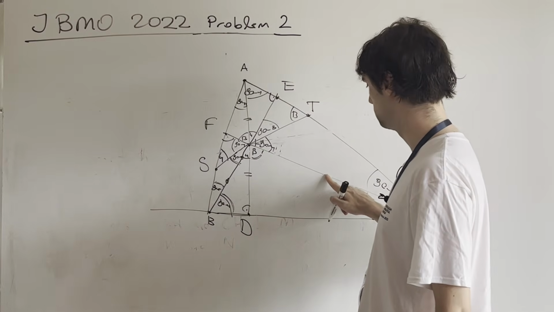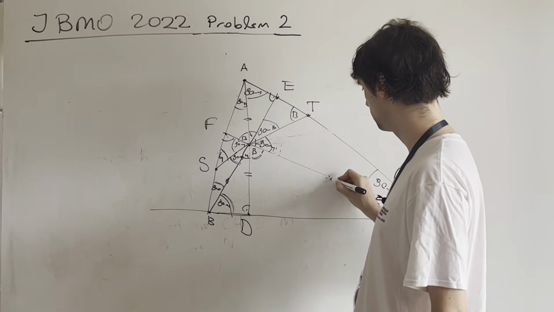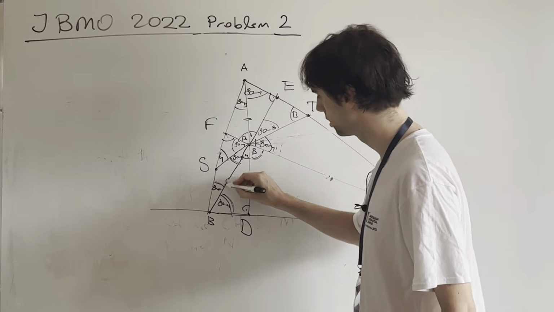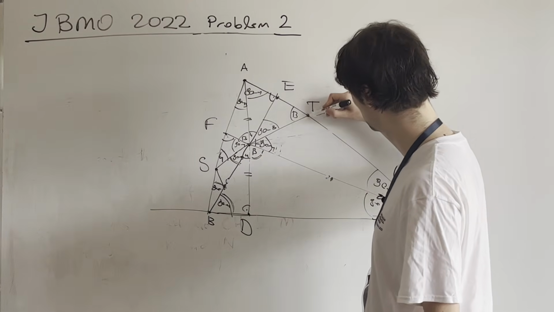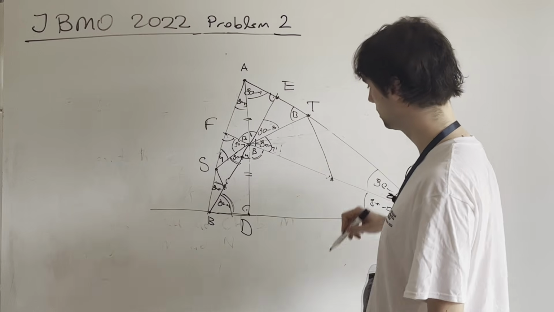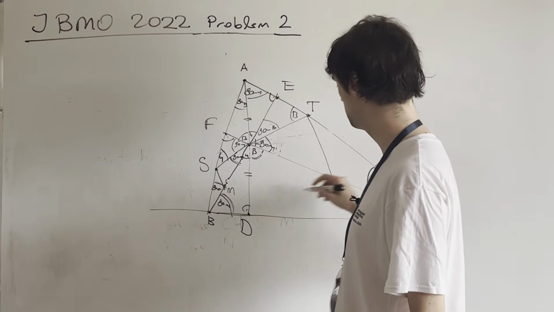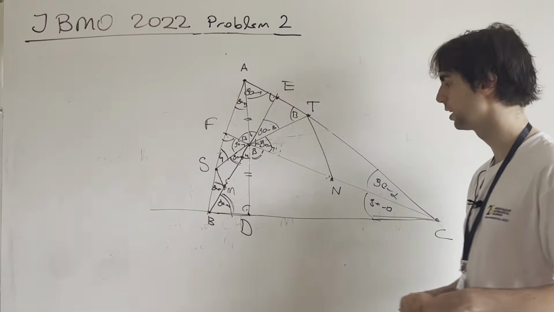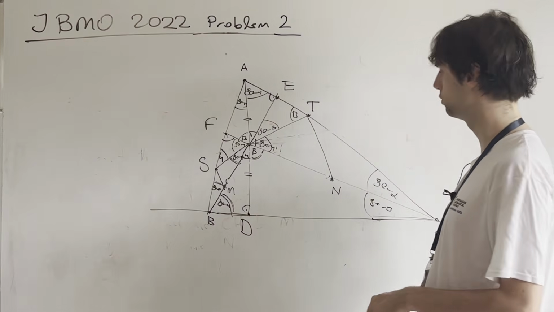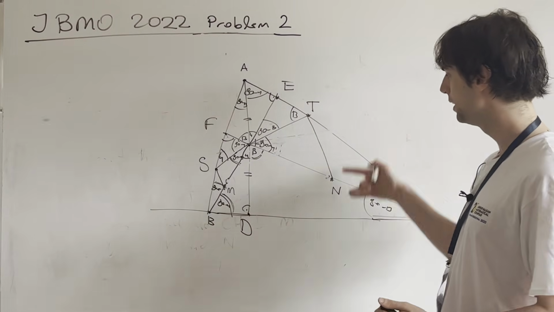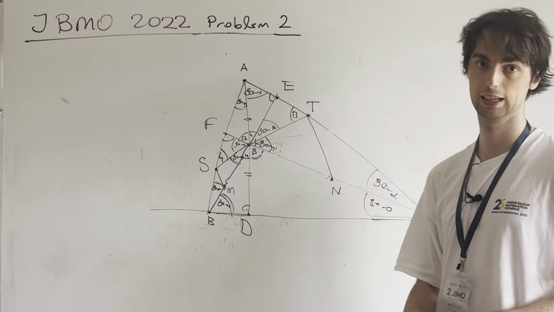Now, okay, I'm going to move them around a bit just to make it so that they're parallel on my diagram as well. And there we have, these are the points M and N.